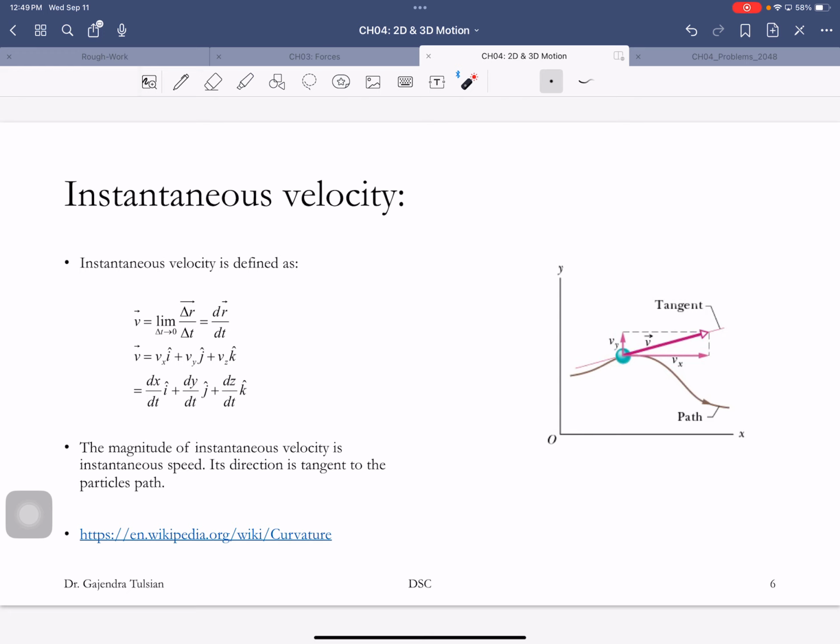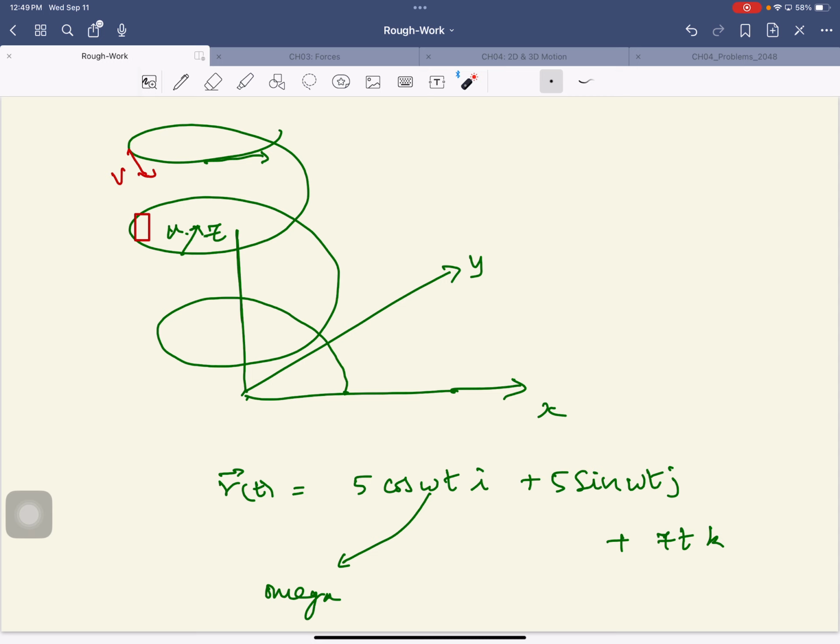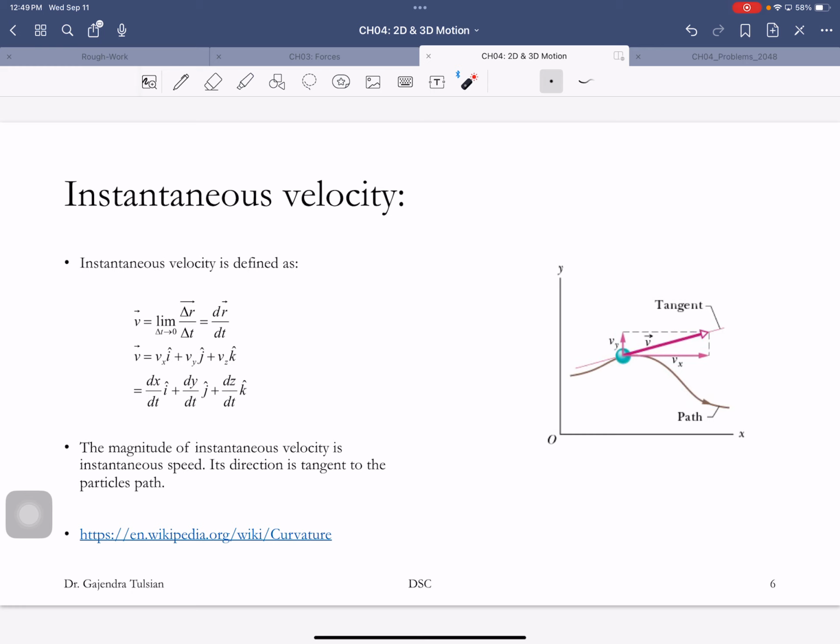So for instance, going back to this, if you wanted the instantaneous velocity at this instant, there's the vector, and all the information about its magnitude and direction is contained in the function r, in the derivative of r. So there's the x component of the velocity, the y component, and the z component.